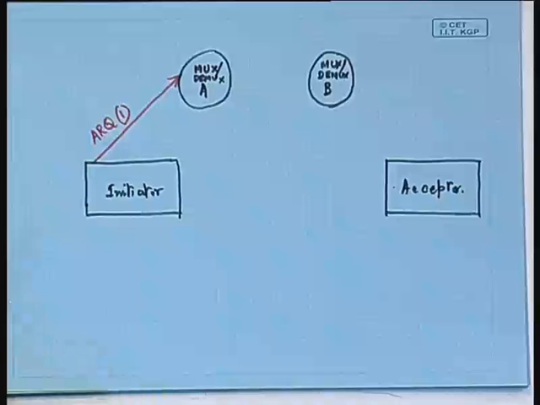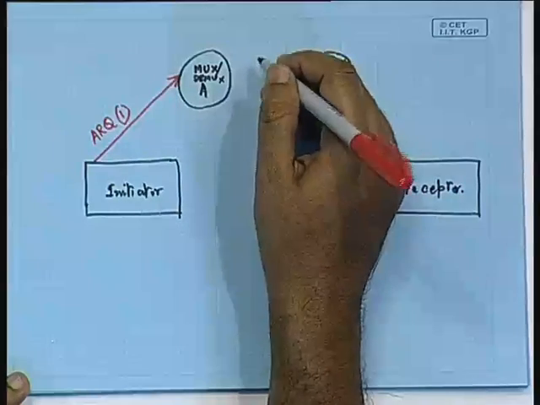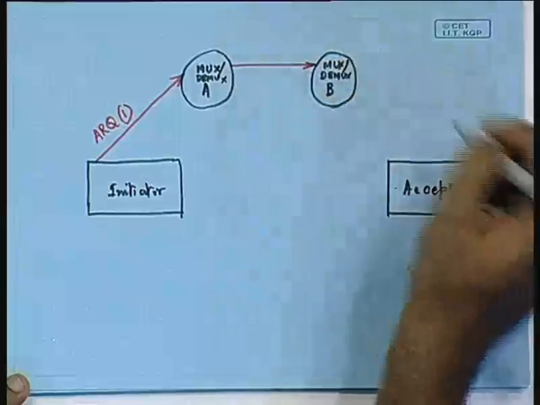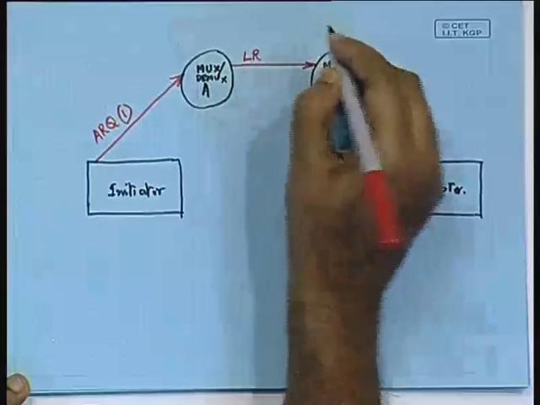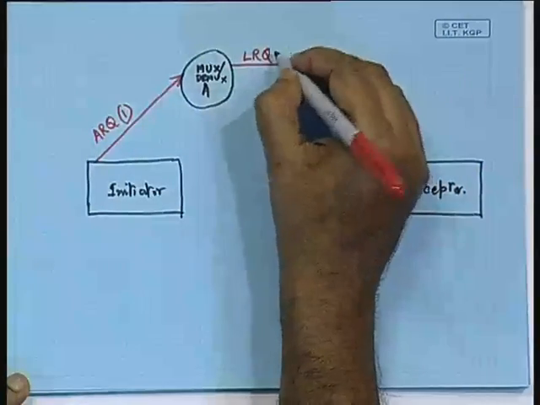Now, the mux A has an admission request, but before giving the admission confirmation, the multiplexer has to locate the acceptor. So, it broadcasts a locate request, by sending an LRQ signal, and this will be step 2.